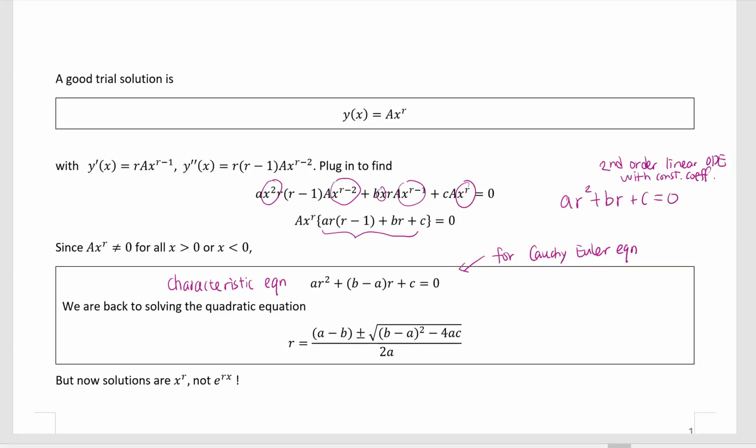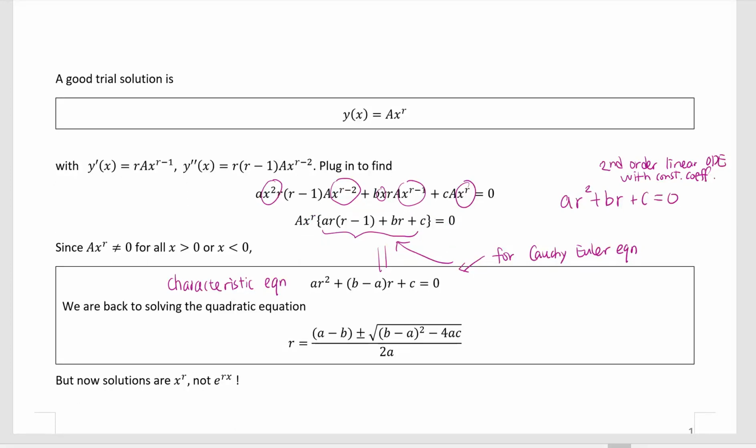Let's compare the difference. I would suggest you use this one instead of that one, even though they are the same, because this one shows more pattern. When we have higher order, not only second order, we might have third order, fourth order, the way we think of it is actually this.